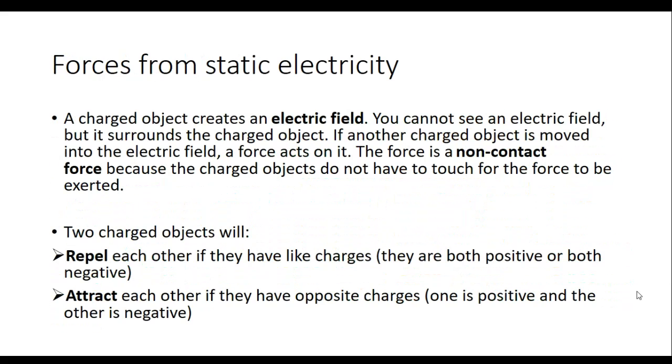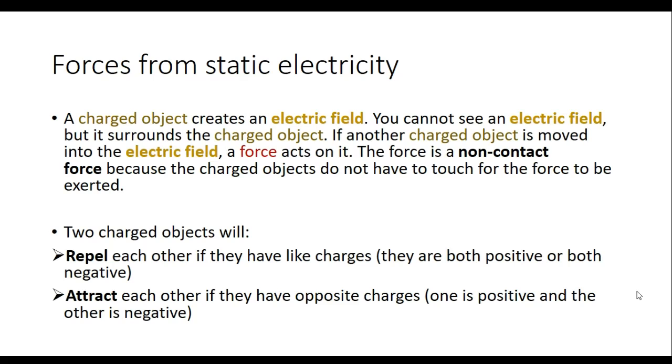Now we will talk about the forces formed from static electricity. So, a charged object creates an electric field. You can't see the electric field, but it surrounds the charged object. If another charged object moves into the field, a force then acts upon it.